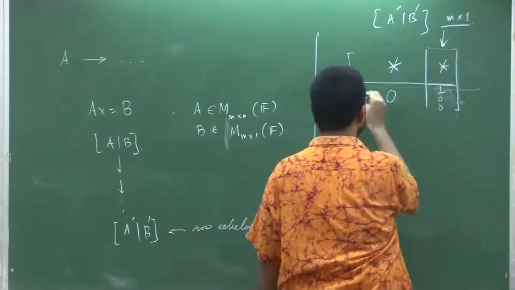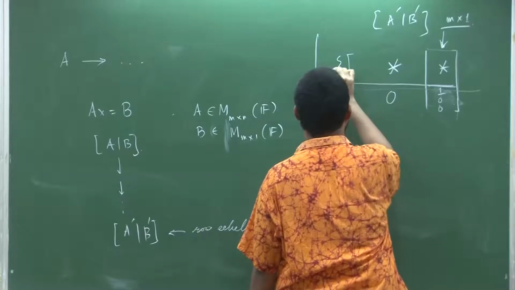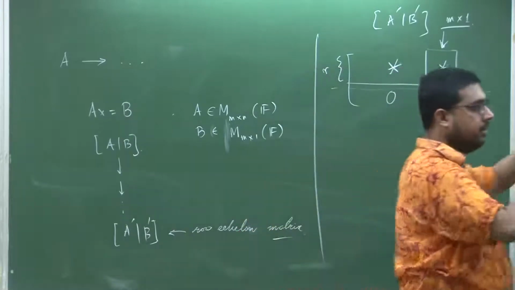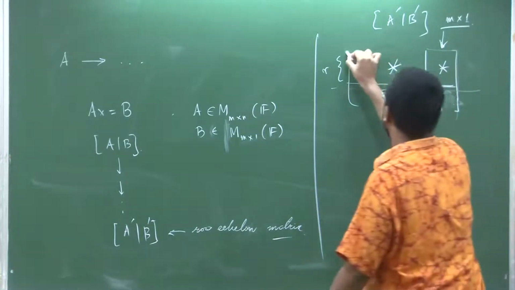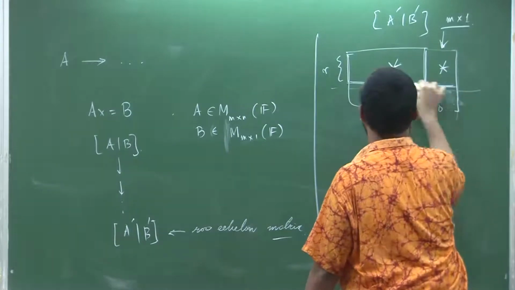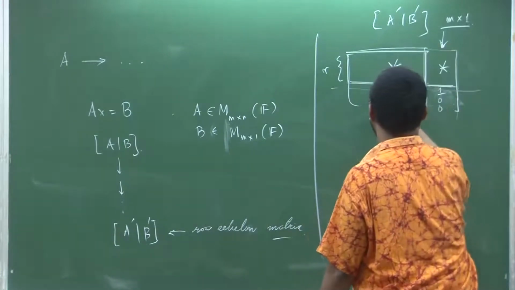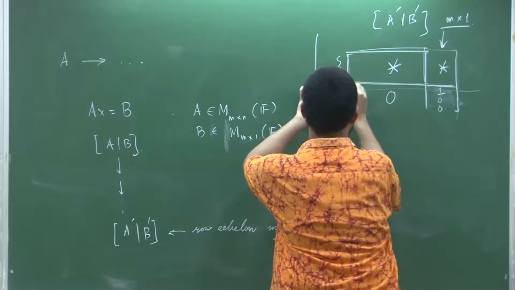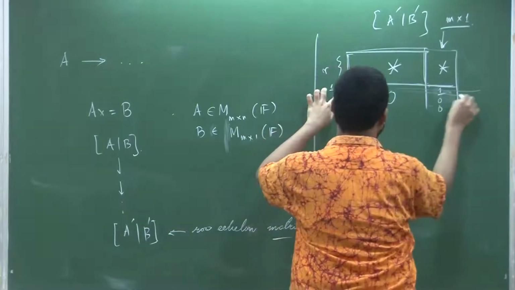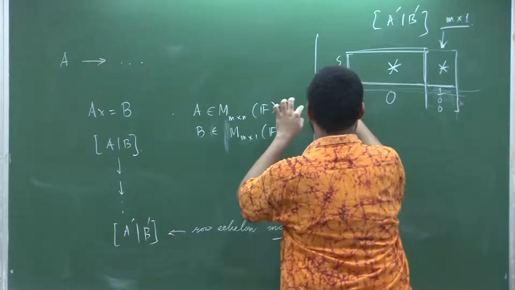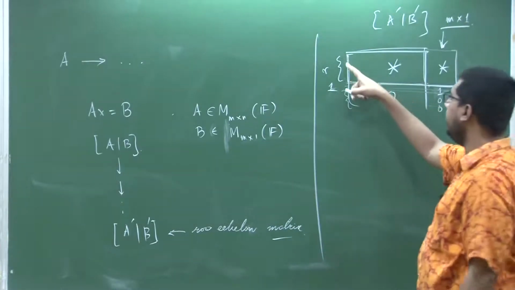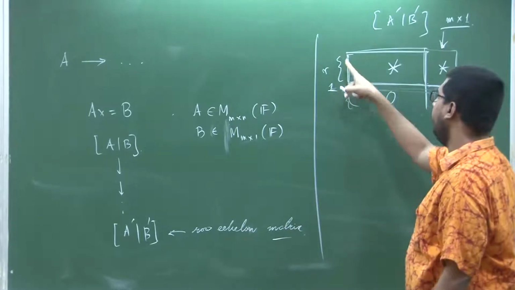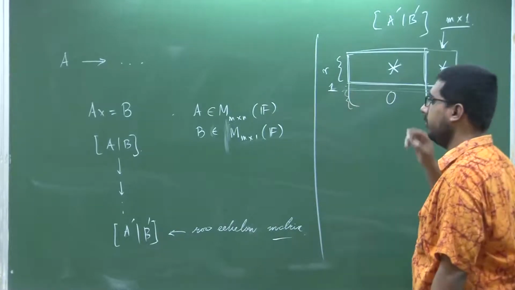That means, assume that you have only r number of non-zero rows and the rest of the rows are zeros. You have r number of rows here, and this is one row, and the rest of the rows are completely 0. So, possibly the first r plus 1 rows are non-zero and the rest of them are 0.